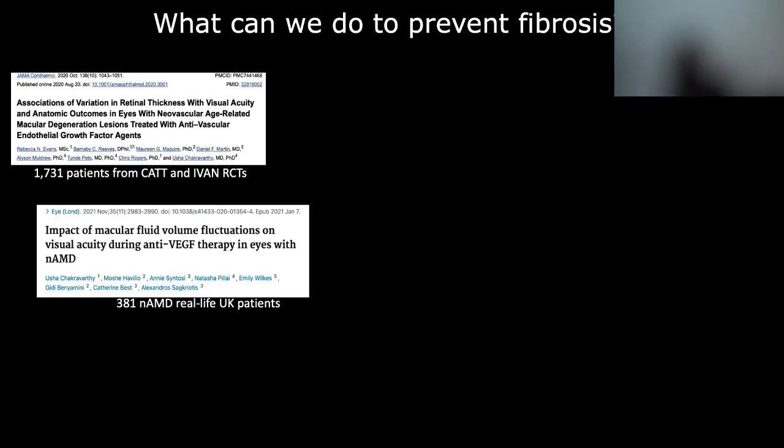Now let's move to the third part of the talk: how can we prevent fibrosis, since we do not have any effective treatment? There are not many studies that have investigated preventive strategies. Most of the data are from the CATT and IVAN trials, but also from a real-life UK pool of patients.